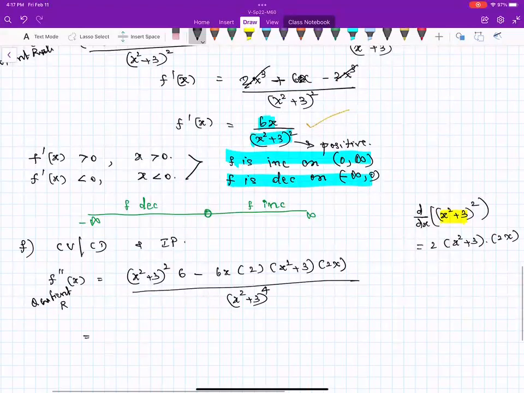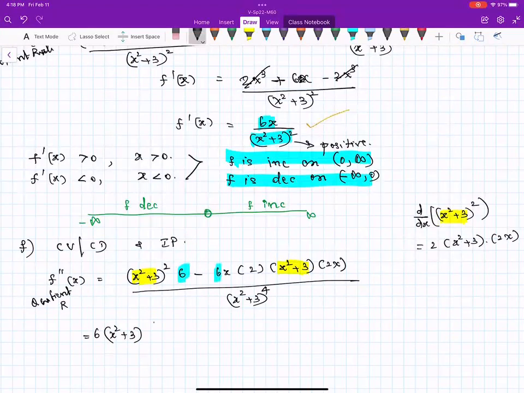So we will pull out a common factor here. x squared plus 3 is a common factor in the numerator, so we will pull one x squared plus 3 outside. And there is also a 6 that is common, pull that out.